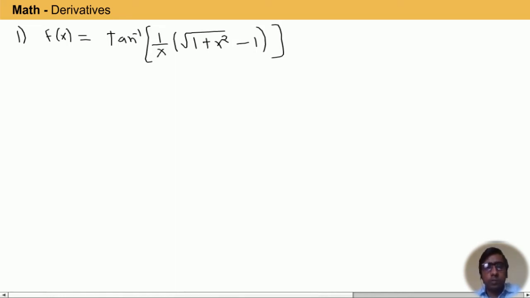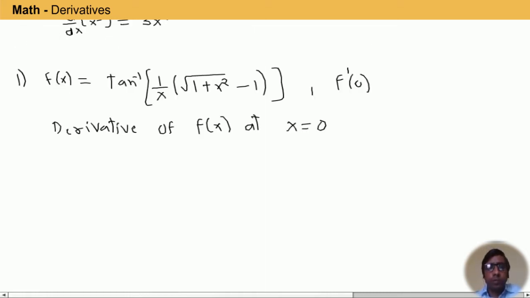So this is the function on the board. f(x) equal to tan inverse 1 over x square root of 1 plus x square minus 1. You have to find f dash at 0, means the derivative of f(x) at x equal to 0.